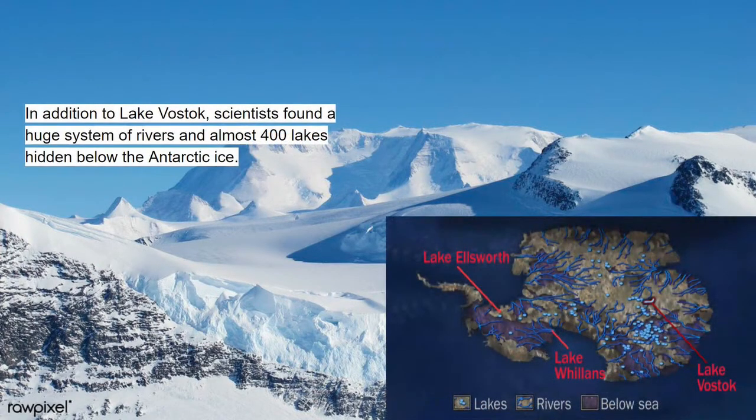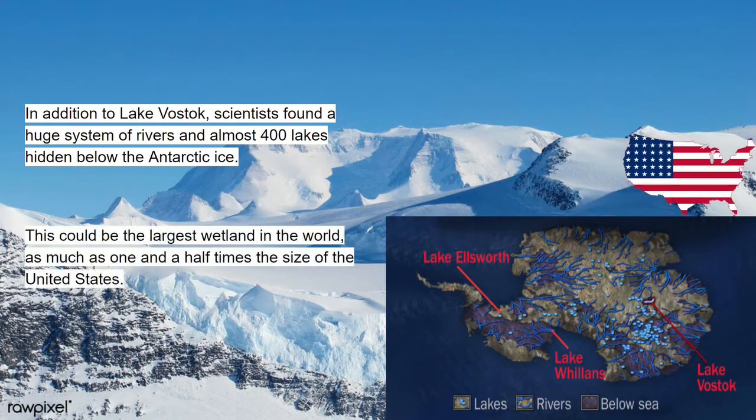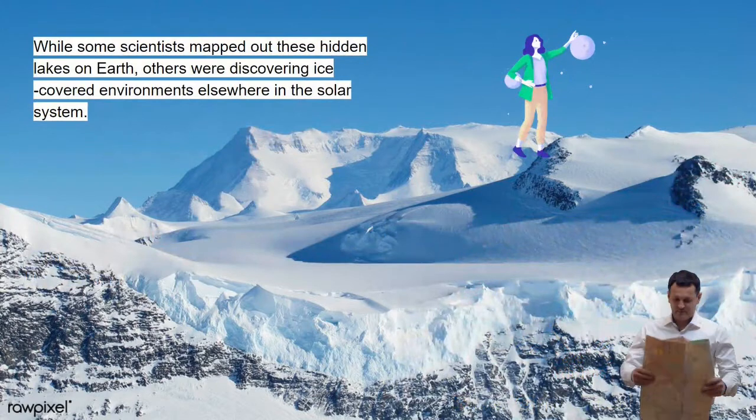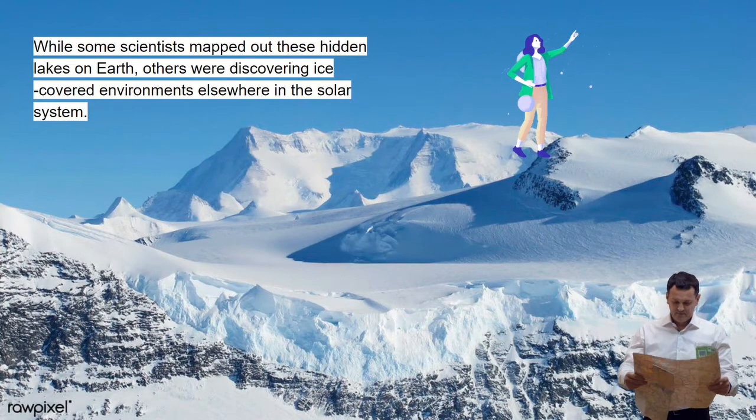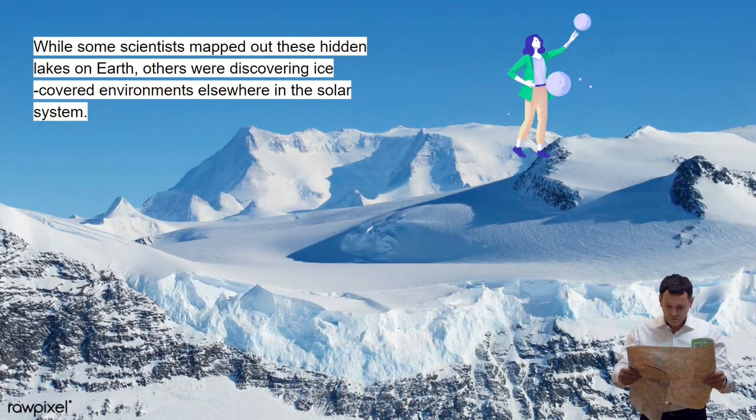In addition to Lake Vostok, scientists found a huge system of rivers and almost 400 lakes hidden below the Antarctic ice. This could be the largest wetland in the world, as much as 1.5 times the size of the United States. While some scientists mapped out these hidden lakes on Earth, others were discovering ice-covered environments elsewhere in the solar system.